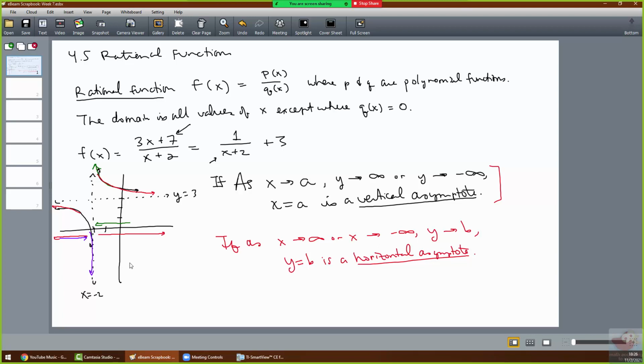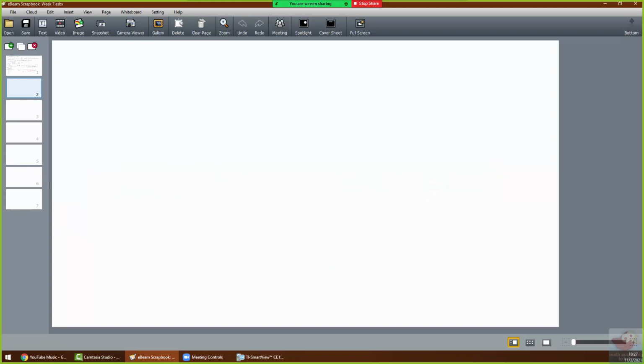However, that doesn't really help us find them, which is the rest of the section. So let's talk about finding vertical asymptotes, and they are paired up with holes. Oh my gosh. I should have been a doctor.